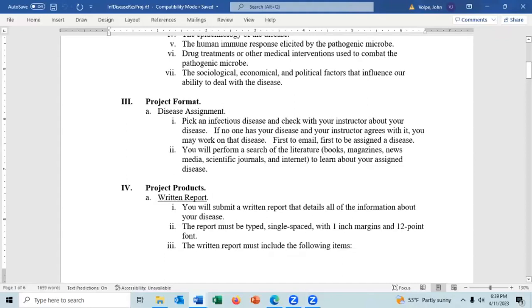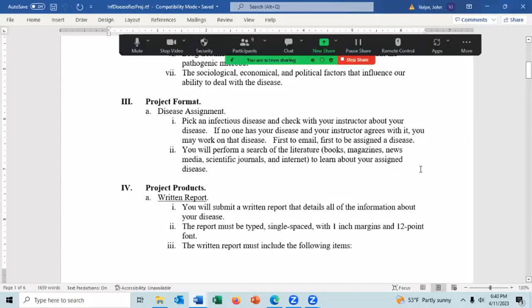So you take one agent that causes pneumonia and then do your report on that one agent. Is that clear? In reality, there are probably 20 different agents that cause pneumonia, so 20 different people could do pneumonia as long as they break it up. Any question about that? All right. So that's what you need to do.